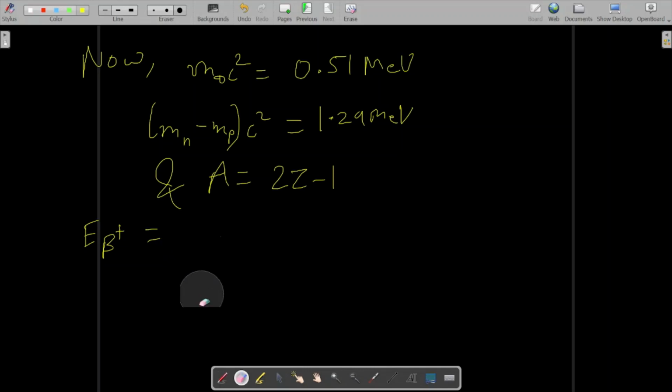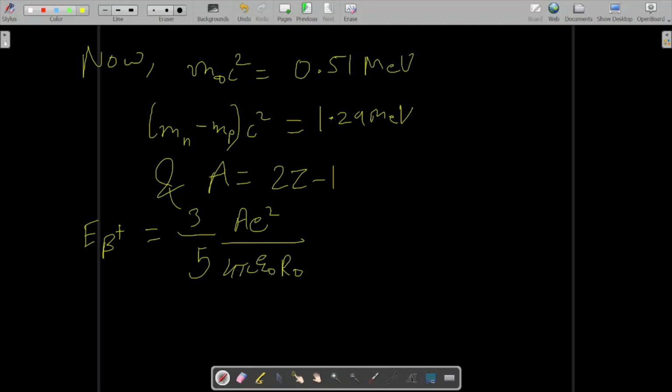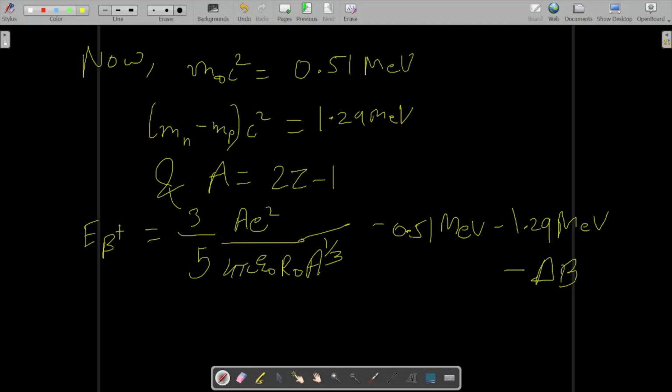Okay, E beta plus is equal to 3 by 5 A e² divided by 4 pi epsilon naught r naught, A to the power 1 by 3, minus 0.51 mega electron volt, minus 1.29 mega electron volt, minus delta B nucleus.